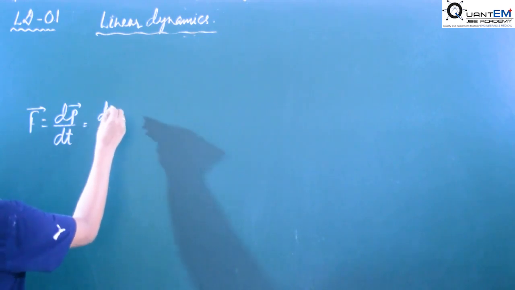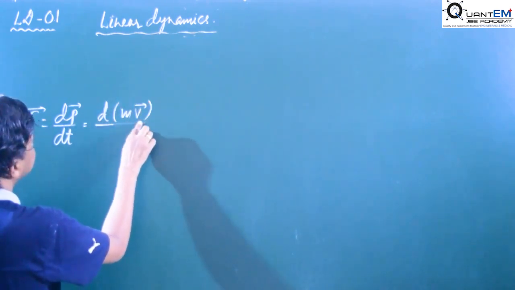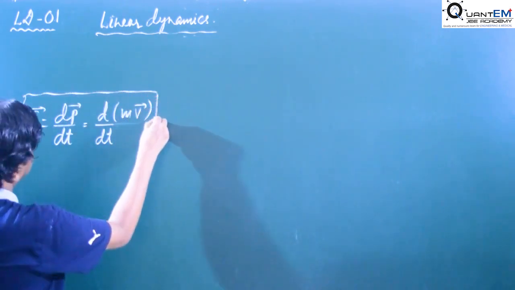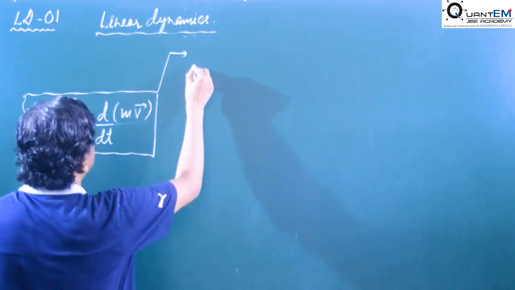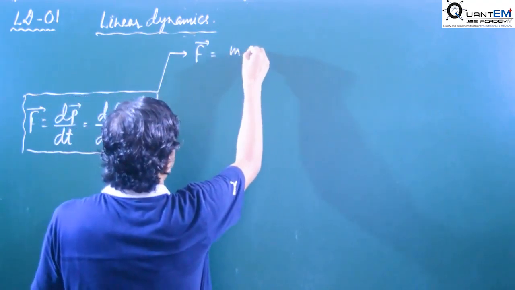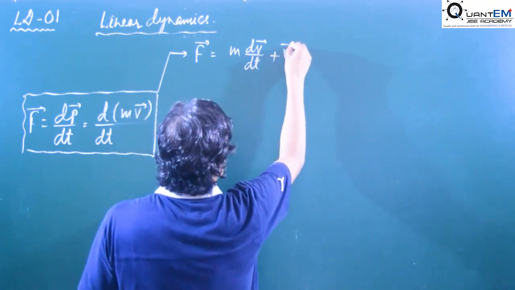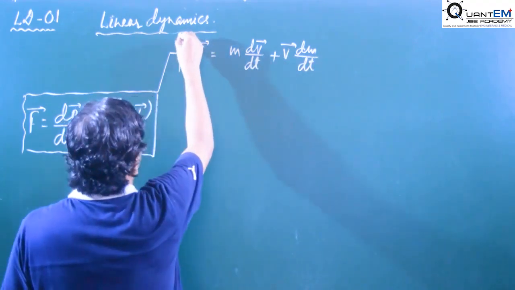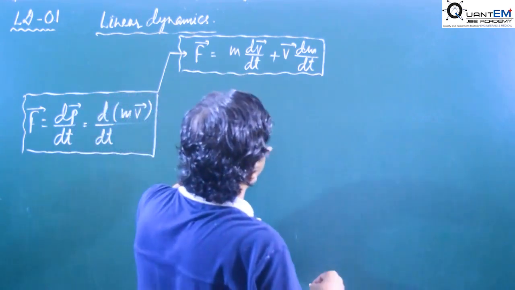In place of p we may write mass into velocity, so d by dt of mv. The actual result will be m dv by dt plus v dm by dt, using the differential formula, and this formula is valid only if both mass and velocity are variable.